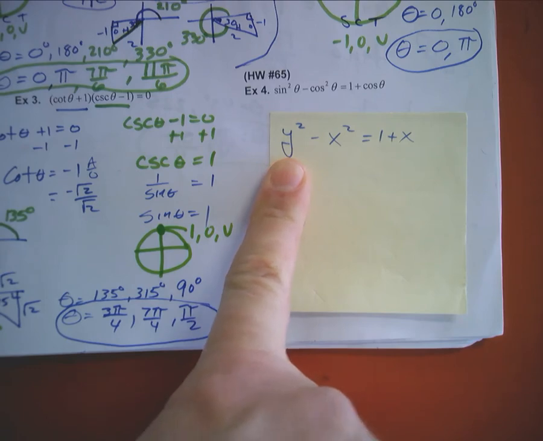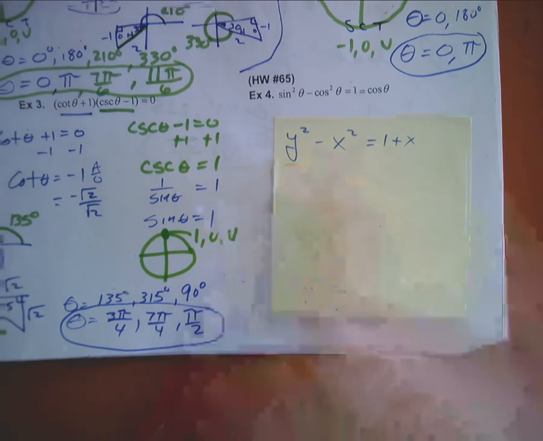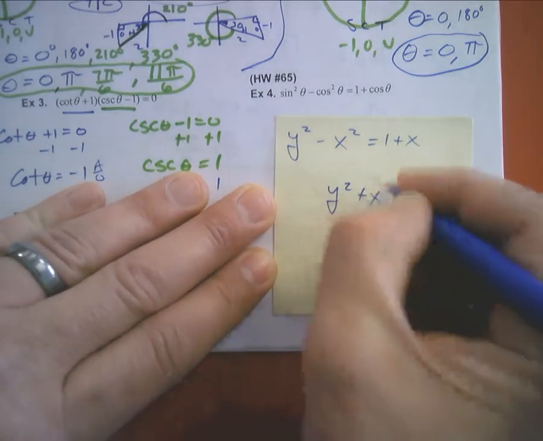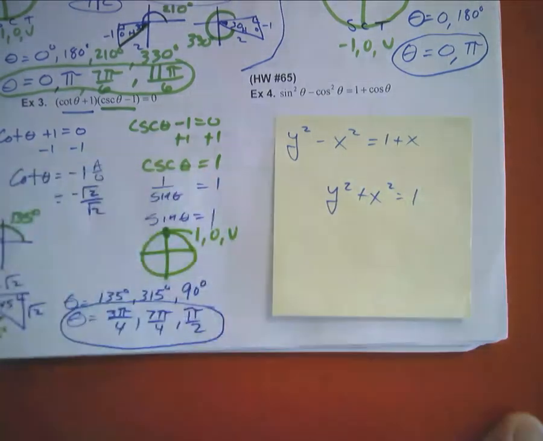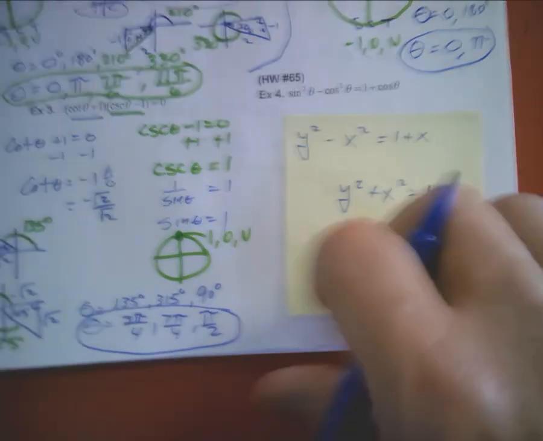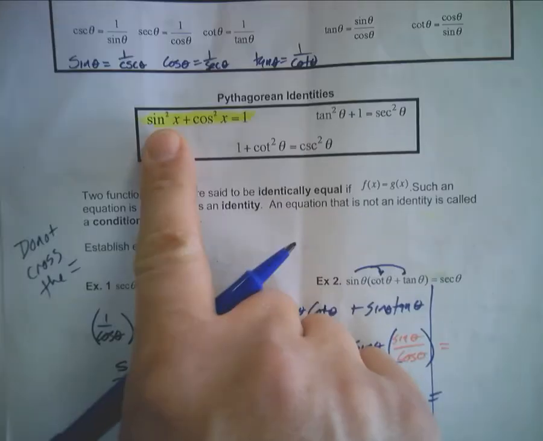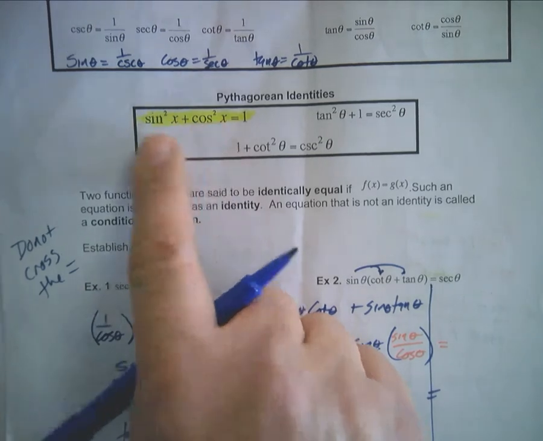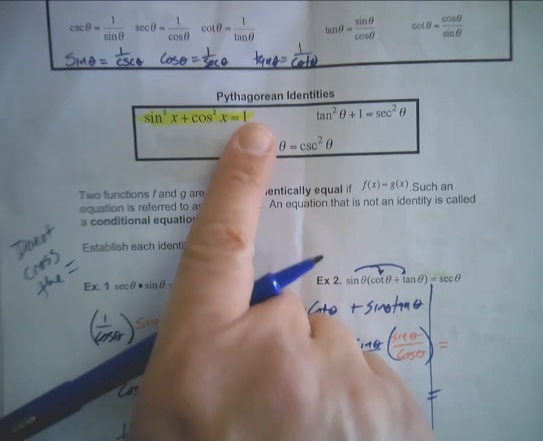I can't solve an equation that has 2 variables to it, right? Does that make sense? So we got to solve this thing for just one of them. Well, the good thing is I have a formula. Y squared plus x squared is equal to 1. If I had an additional equation off to the side, then I could use some substitution. Well, we have that. We learned in 7-4 back on Friday, we had practice on it yesterday, we learned that sine squared plus cosine squared is equal to 1.